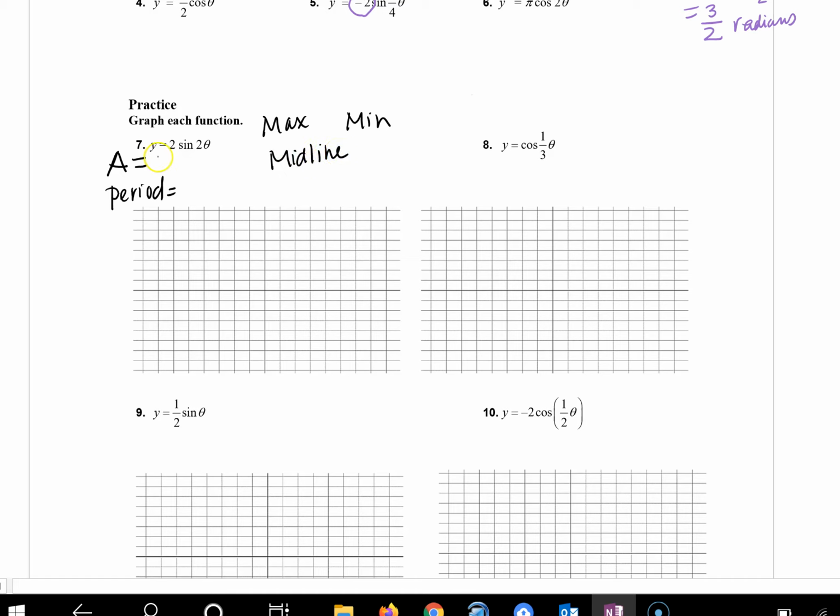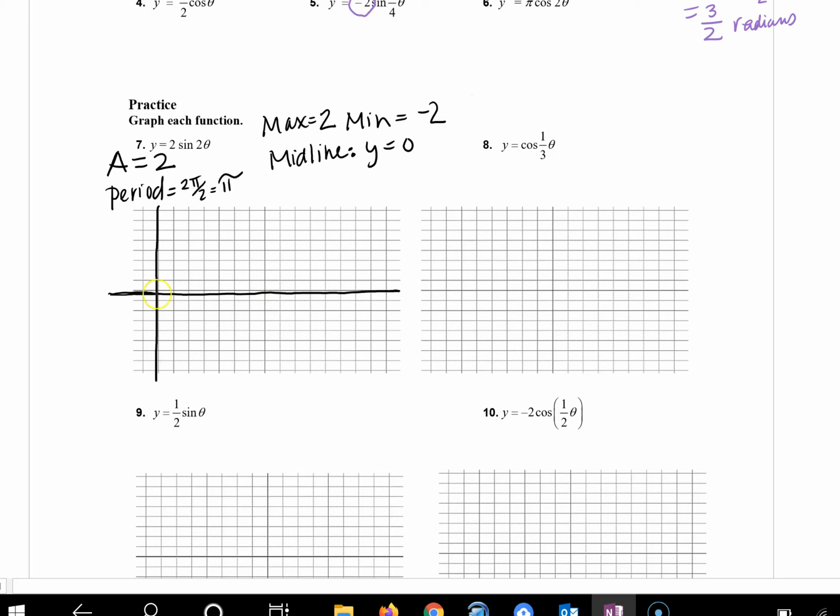So our amplitude we can read is a 2. Our period is 2 pi over 2, which is pi. Our maximum, since our midline will be y equals 0, our maximum will be 2, and our minimum will be negative 2. So with that in mind, I go ahead and on my graph space here, I can draw in my y-axis, and I'm going to draw in my x-axis.